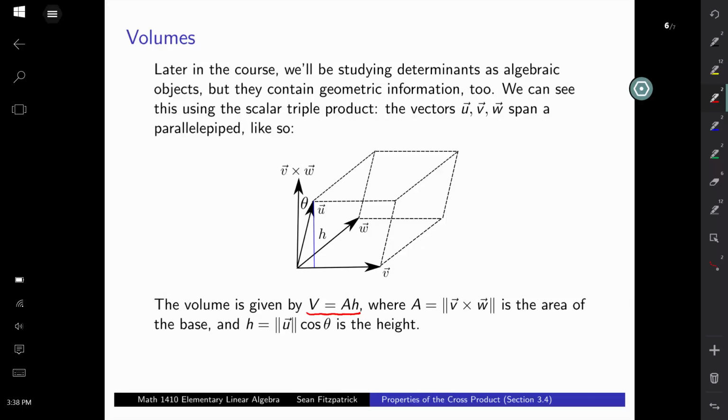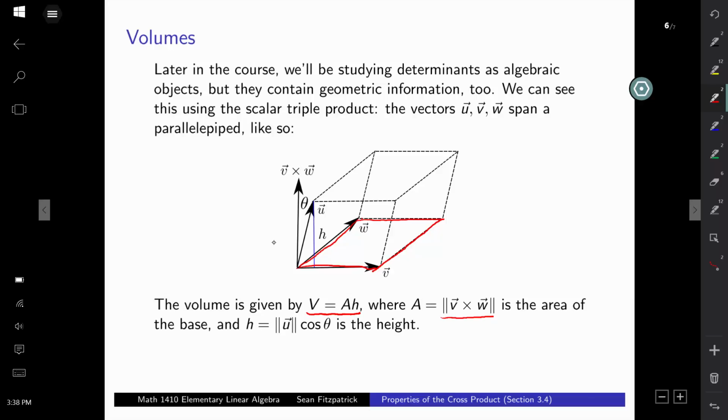And the area of the base, based on what we just argued, is a parallelogram spanned by the vectors v and w, and we just saw that the area of any such parallelogram is given by the magnitude of the cross product of the vectors defining the two adjacent sides.